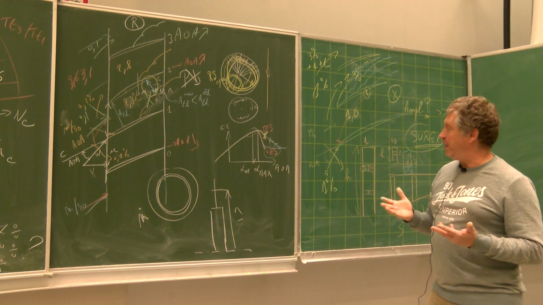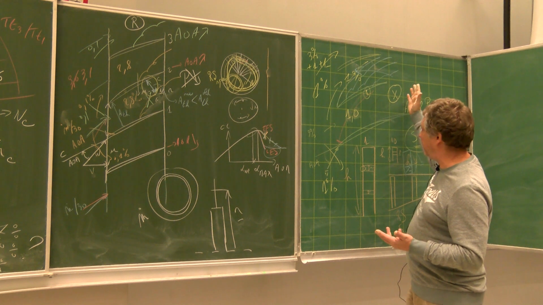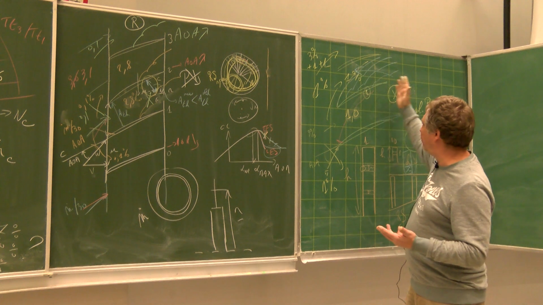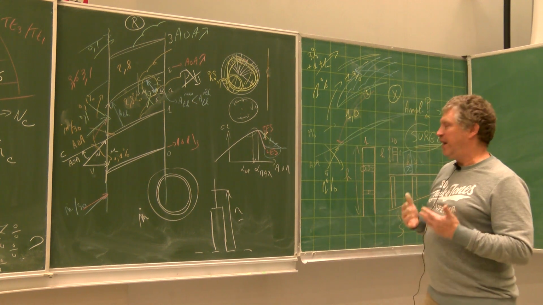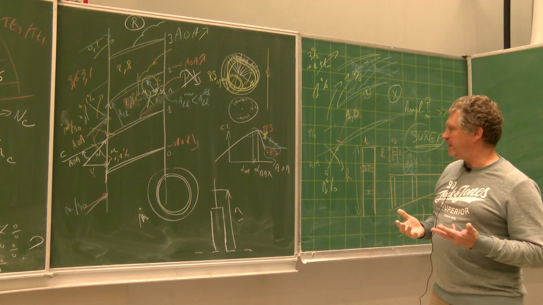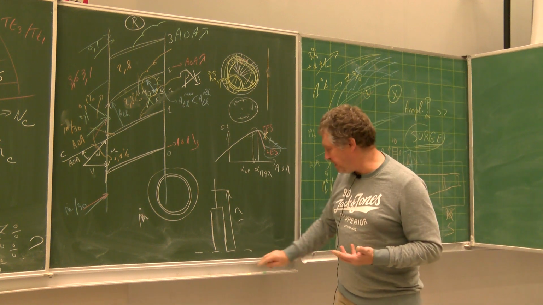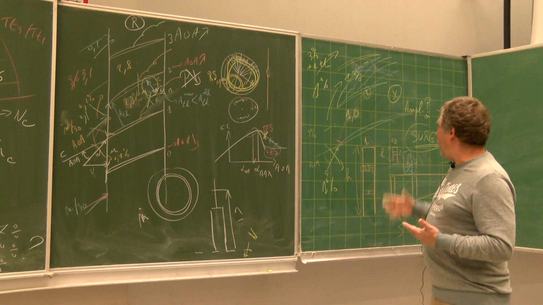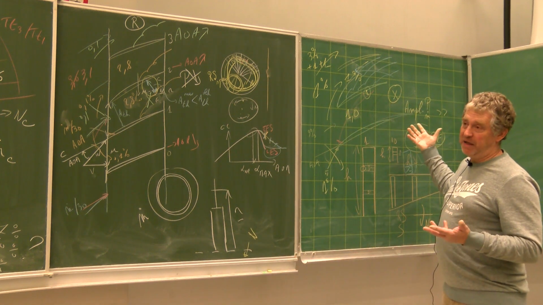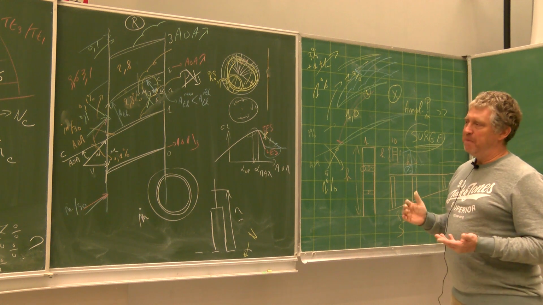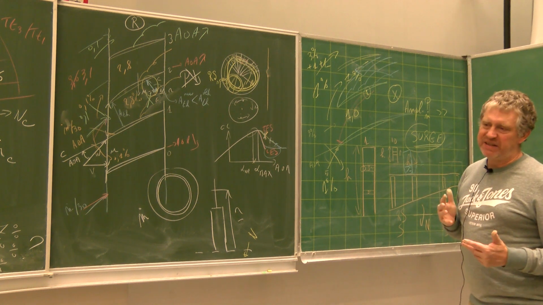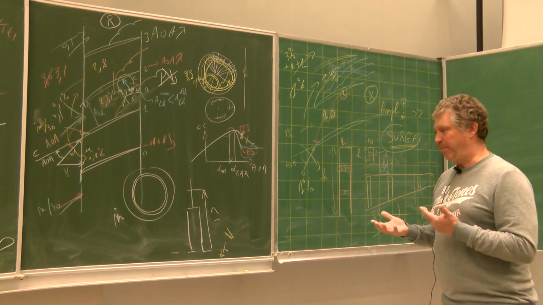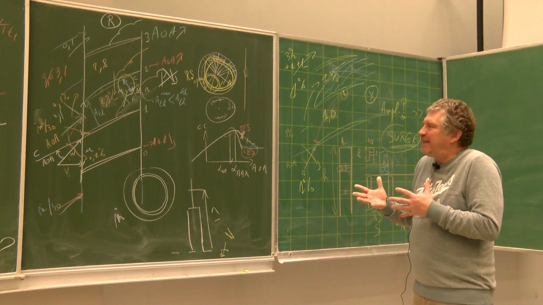But it will be a phenomenon of a much lower frequency, because you need to go through the row and exit. Going through the row and exiting is a much lower frequency than that related to the rotational speed of the system. So it's a higher amplitude phenomenon from a fluid point of view, but a much lower frequency phenomenon from a mechanical point of view, and so the problem is quite different.